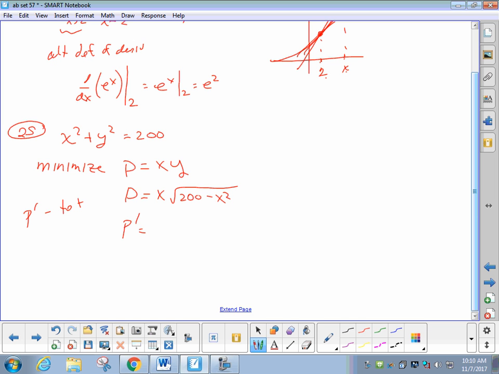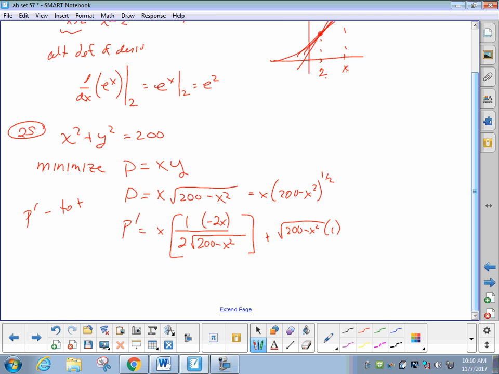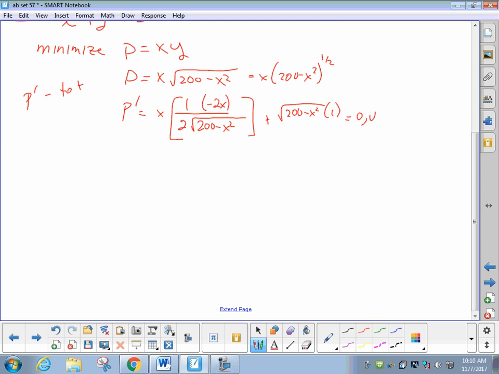P prime is first stays the same, derivative of the second is 1/2, that to the negative 1/2, times the inside derivative by chain rule, so negative 2x, plus second stays the same, times the derivative of the first, which is 1. I need to know whether this is 0 or undefined for my critical numbers.